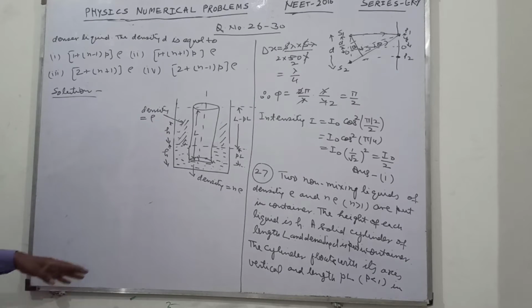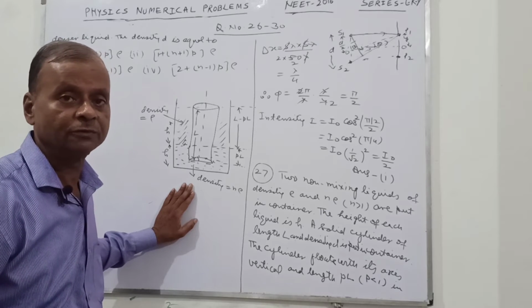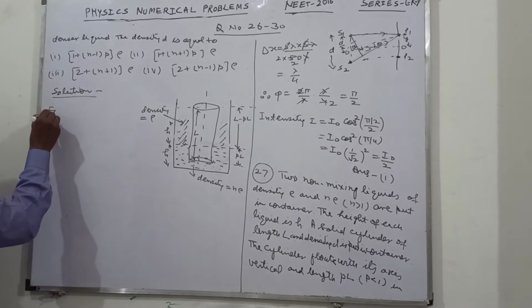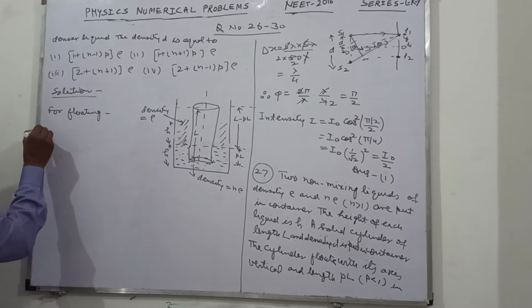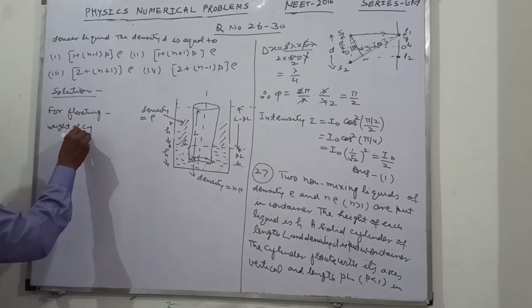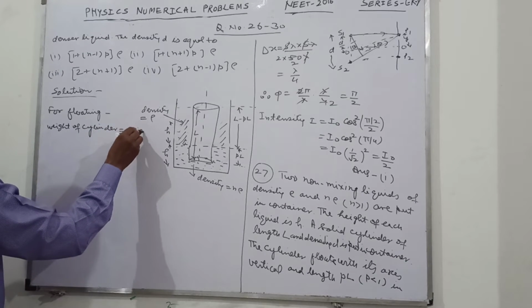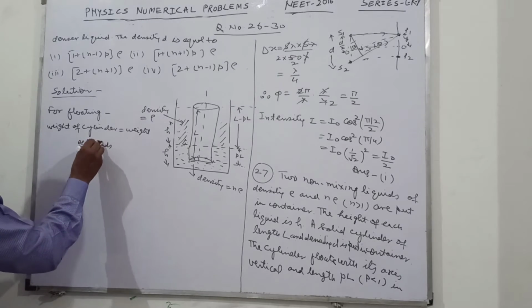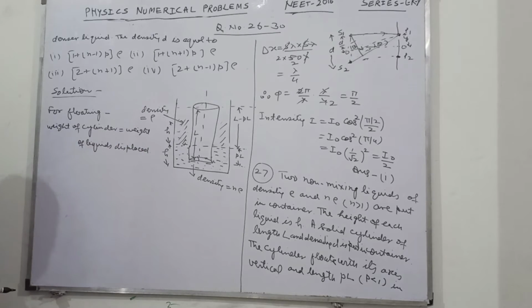So this cylinder will float when the weight of the cylinder is equal to the weight of the liquid displaced. So for floating, weight of cylinder equal to weight of liquids displaced.